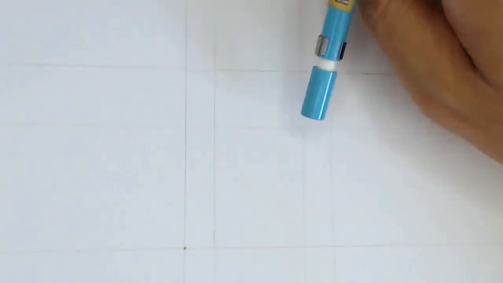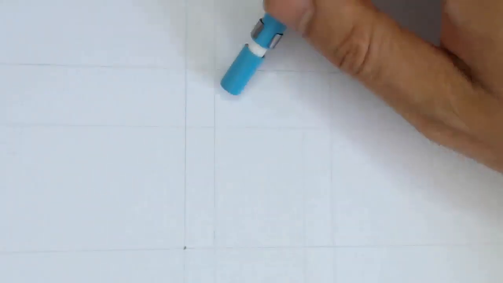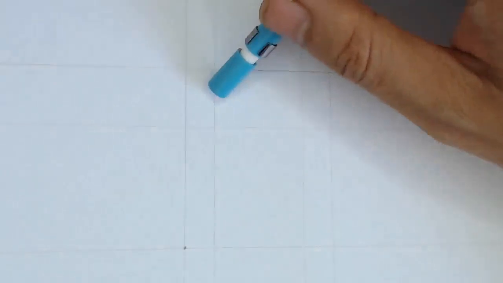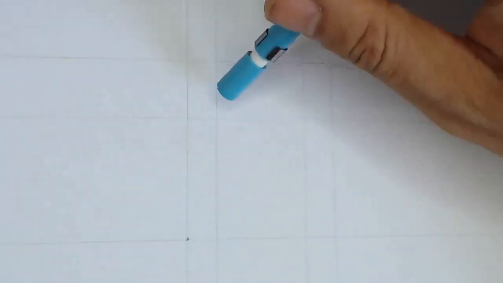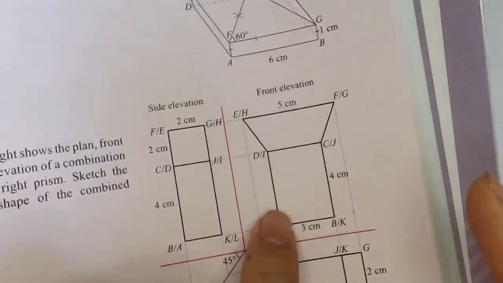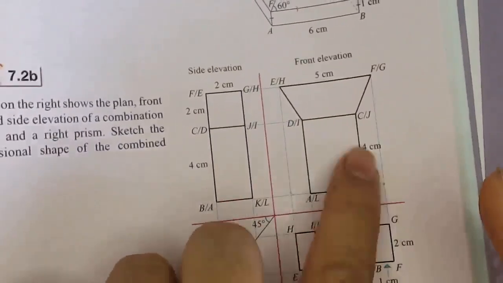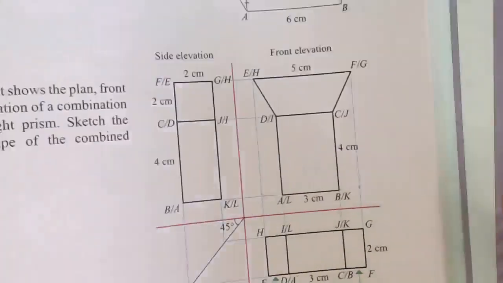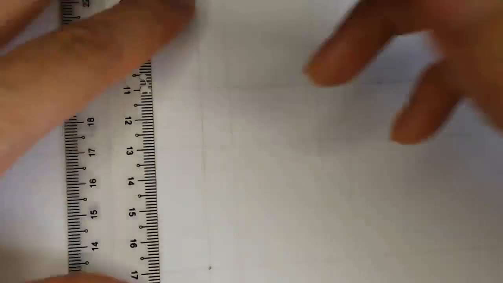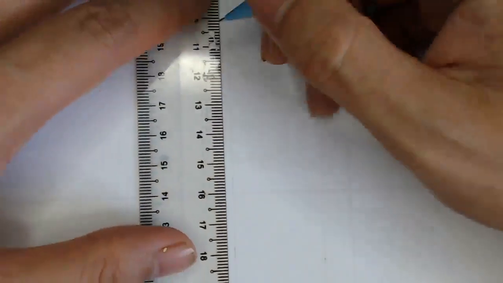Now, assisted with this guideline, we're going to darken the lines that we are really convinced with. We're going to darken all the lines here. Now let's darken all the lines.